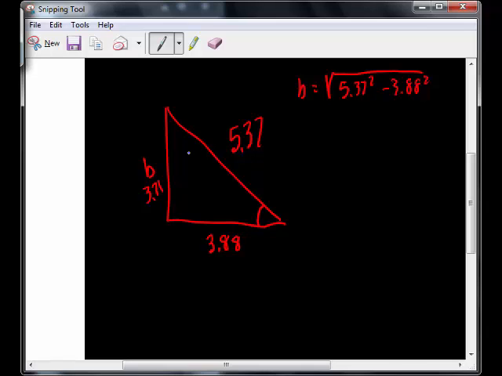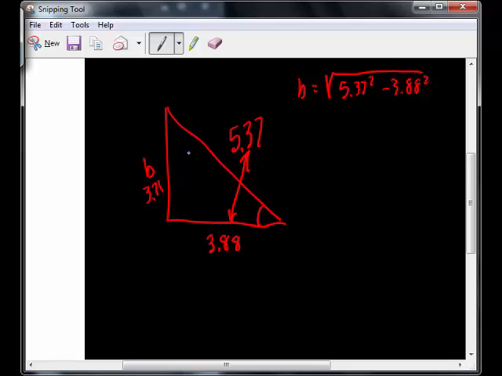Then we can find one of the two angles, and it doesn't matter in this case which function we're looking for. Actually, it does matter. We're supposed to use the ones that we already knew.